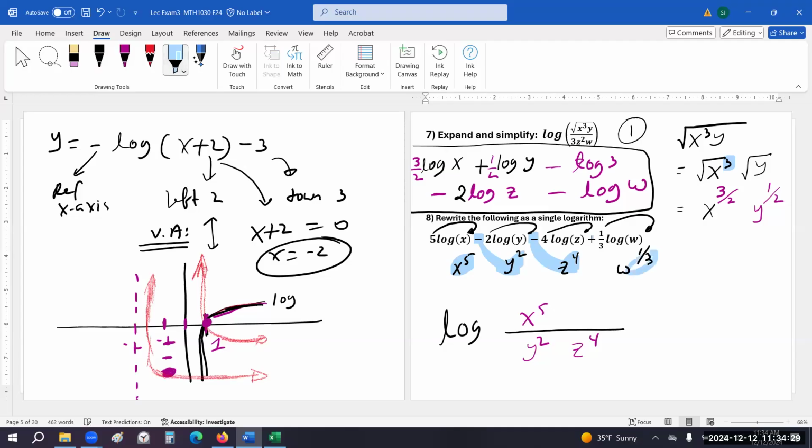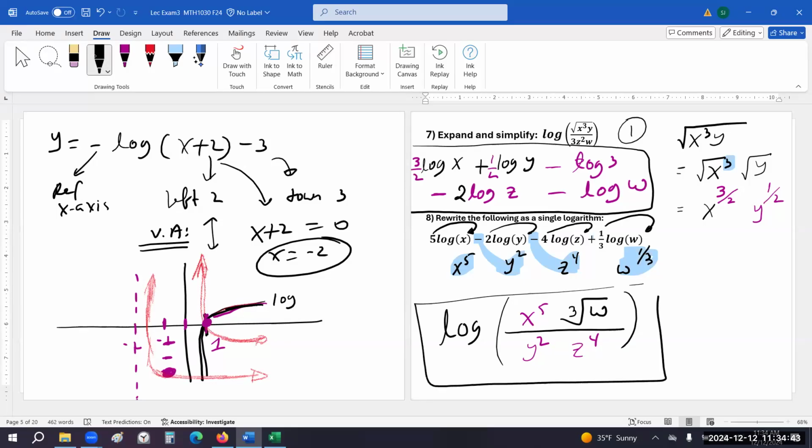Lastly, cube root of w has a plus sign in the front, so it goes on the top. And we put a big parenthesis. So every negative sign, we don't put on the power, because we put them on the denominator with the positive power.